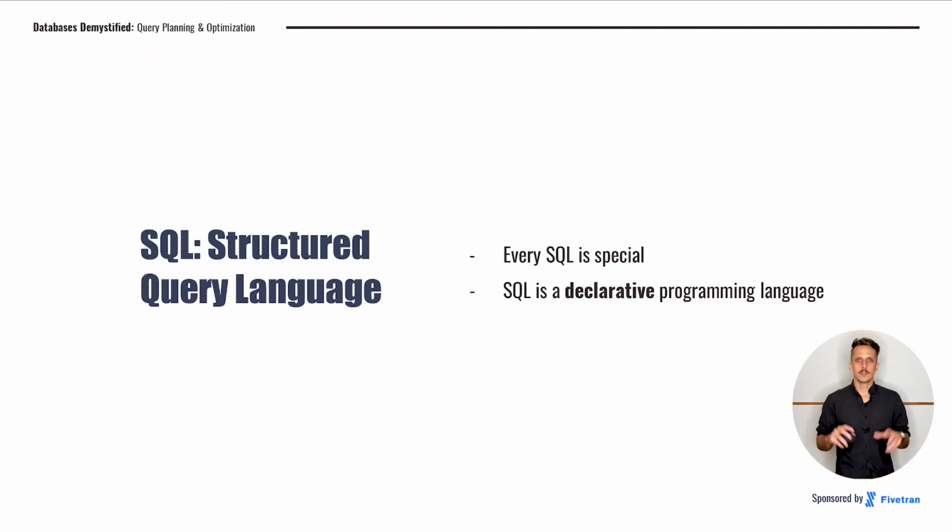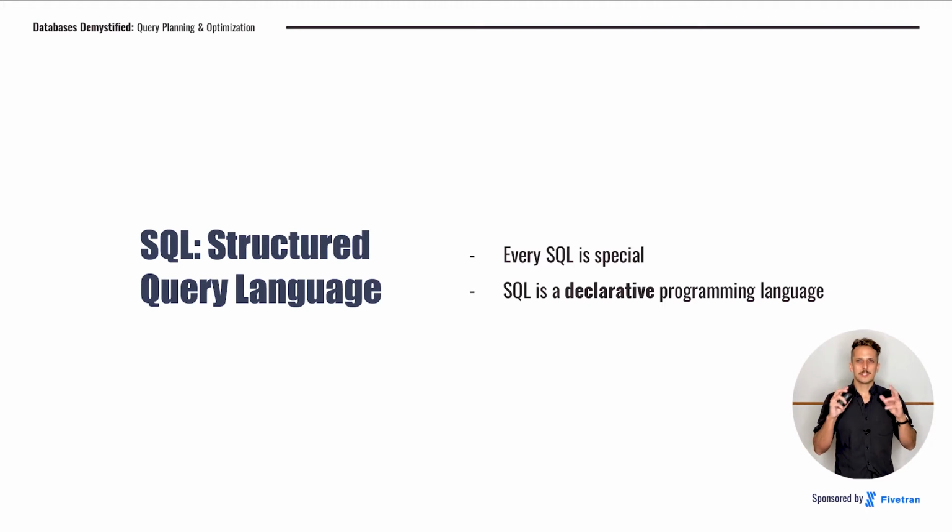So a quick review. SQL stands for Structured Query Language, and there are two really key things to know about it as a programming language. One, SQL is not a language, but it's actually a standard that is implemented differently by different databases. So the SQL that you use in your PostgreSQL database probably won't work in your BigQuery database.